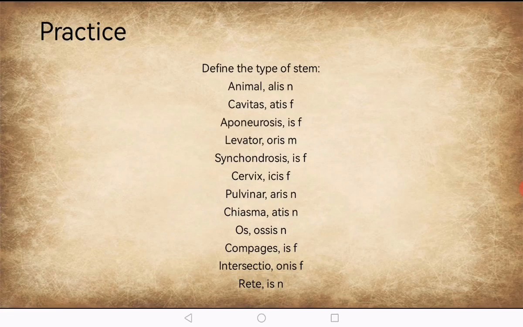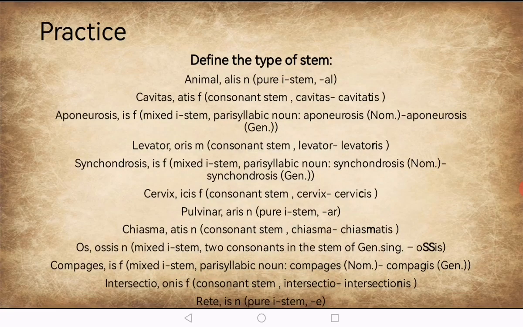This presentation is already in your folder, in the Latin homework folder, okay? So you can just open it and read it a little bit slower, more carefully. Just do the exercise orally and check the answers. They are here on the next slide.